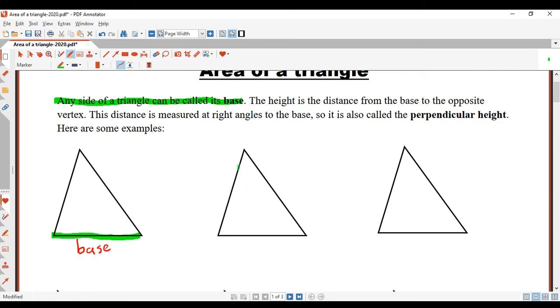But it doesn't have to be. It could be another side. So for example, let's say this side is the base. Okay, so let's label that side the base.